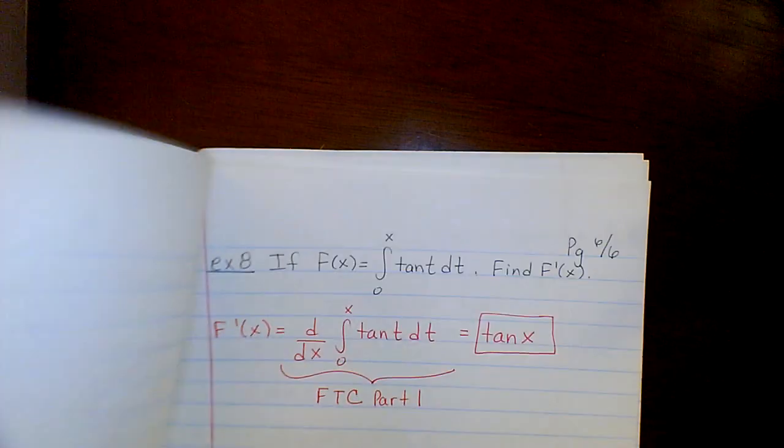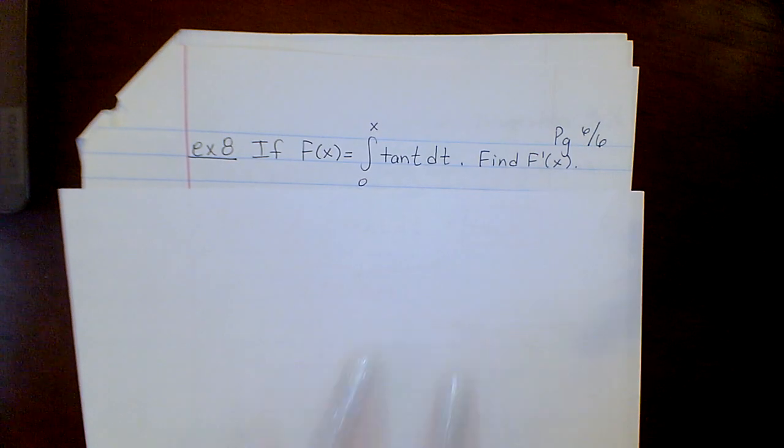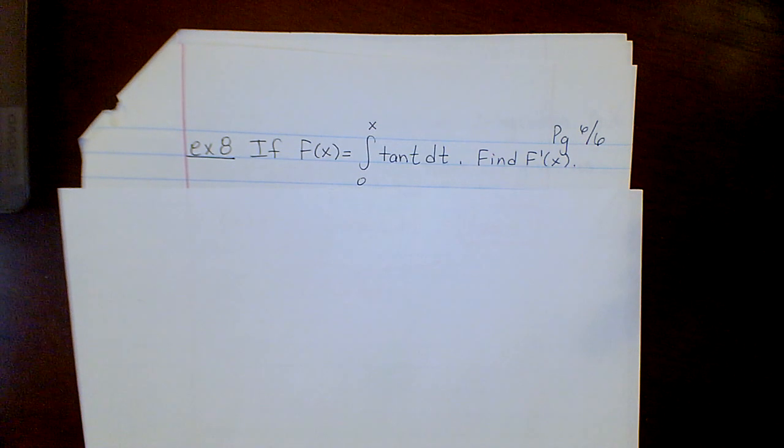All right, so one more, and it's going to be pretty darn quick. If capital F of x is the integral from 0 to x of tangent t dt, find the derivative of F of x. This is using the fundamental theorem of calculus, the first part of it.